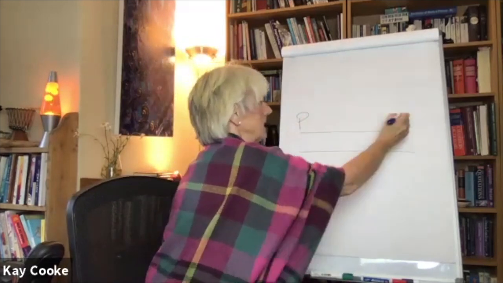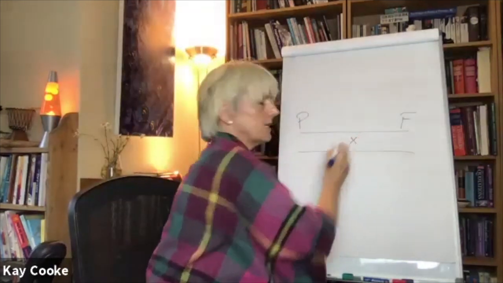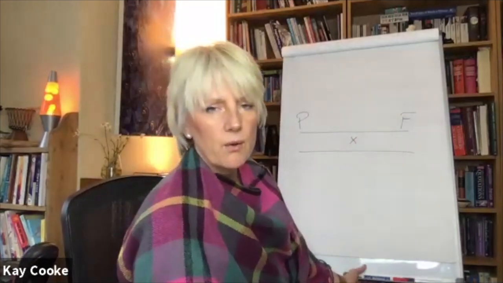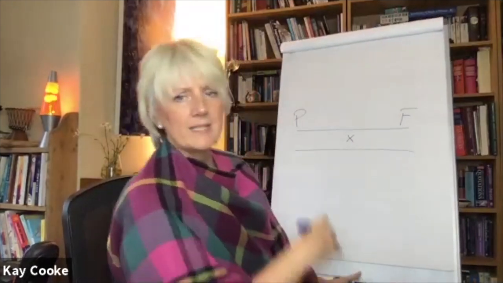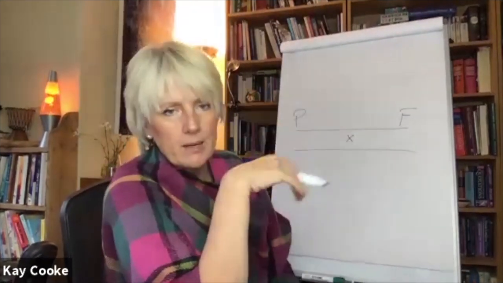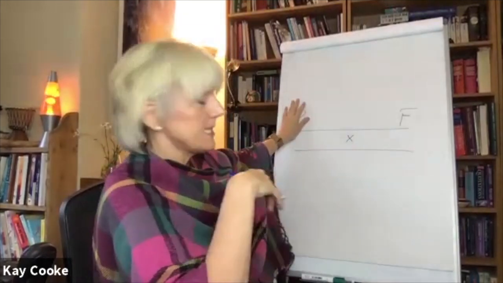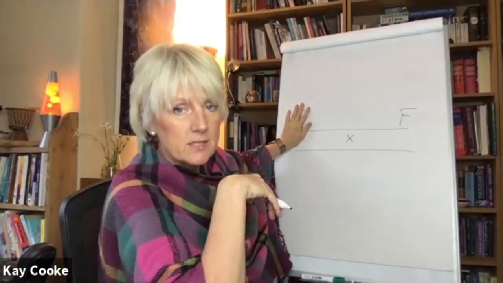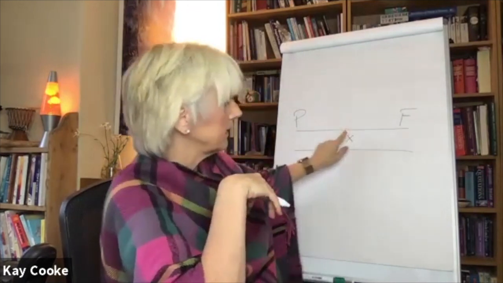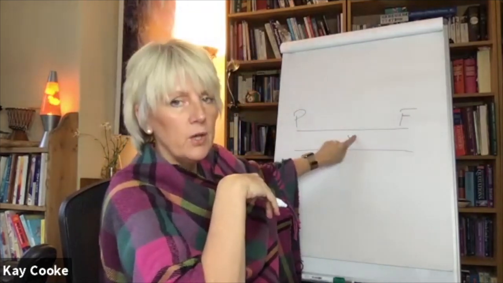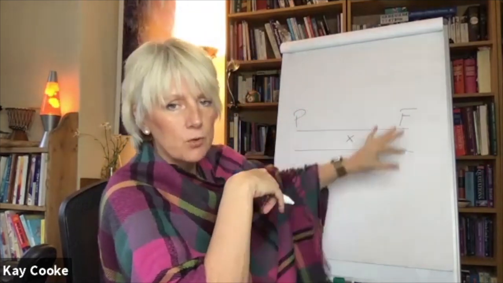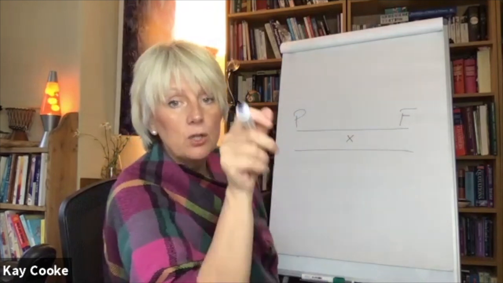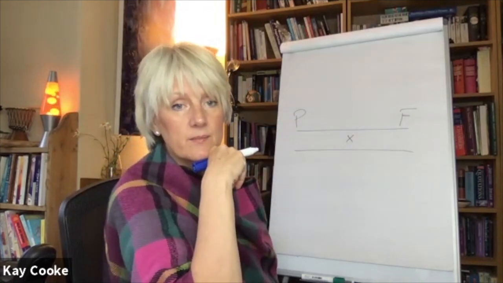So there's the past, there's the future, and here's the now. So I might tell you a story about something somewhere, but basically I need you to know that pacing out the past and pacing out the future, and this is the moment of now. And of course, the way I've drawn that is your timeline, isn't it?